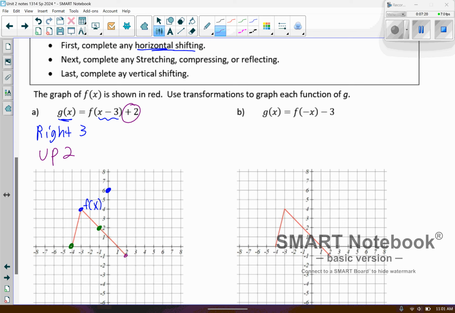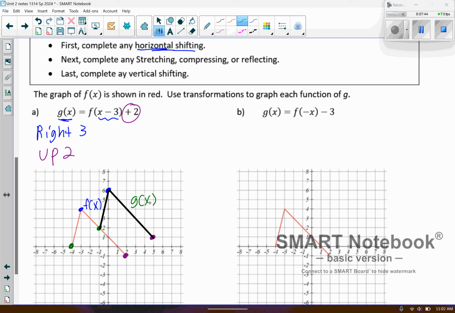And then my last point right here, we're going to go to the right 1, 2, 3, and then up 2 spots right here. And then I'm going to go ahead and connect those dots going from left to right. And there we go. That's going to be our g of x function.